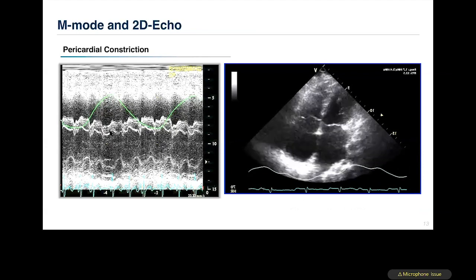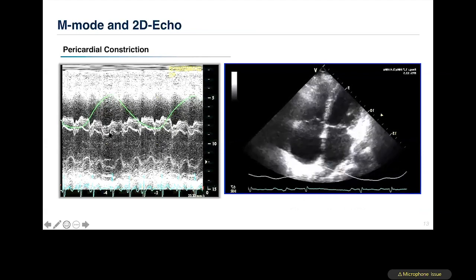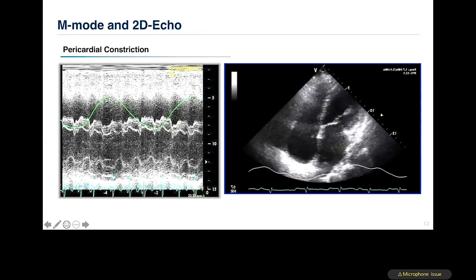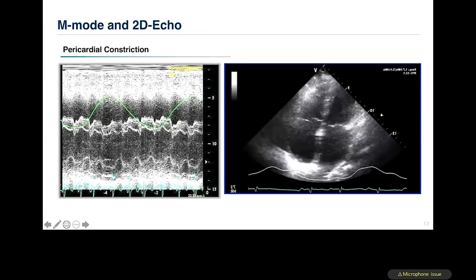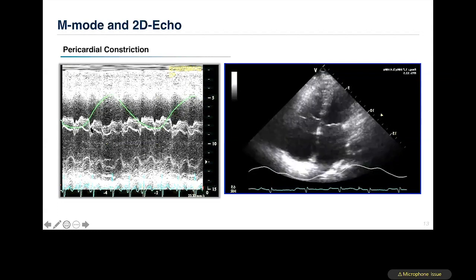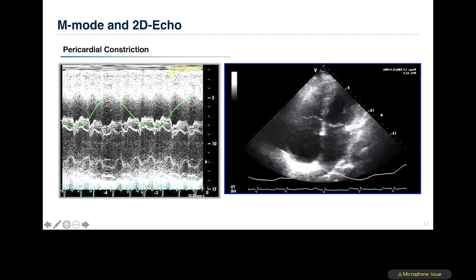So there is a sharp movement, a bouncing motion of the septum during each and every cardiac cycle. You can see here this large, high frequency motion that is happening during diastole. This is called the septal shudder.